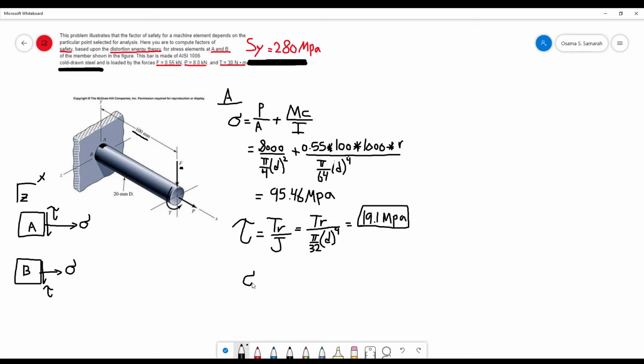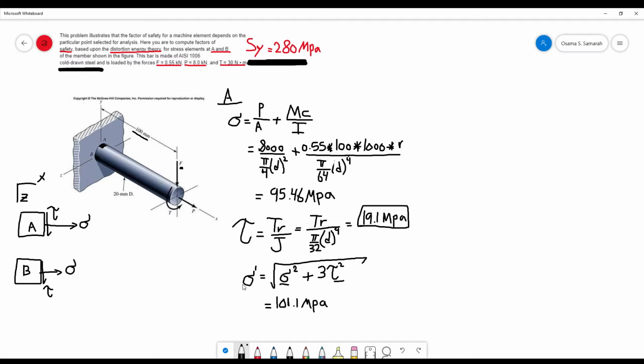Let's find the von Mises stress, which is going to be equal to the square root of sigma squared plus 3 tau squared. If you plug in all the values for sigma, which is 95.46, and for tau, which is 19.1, von Mises will end up to be 101.1 megapascals.